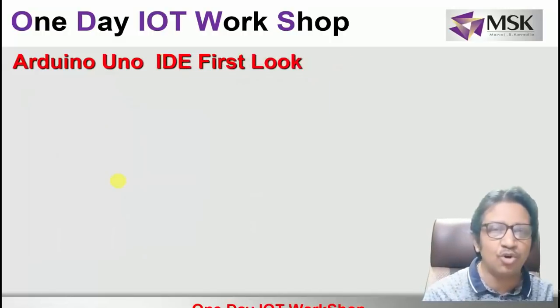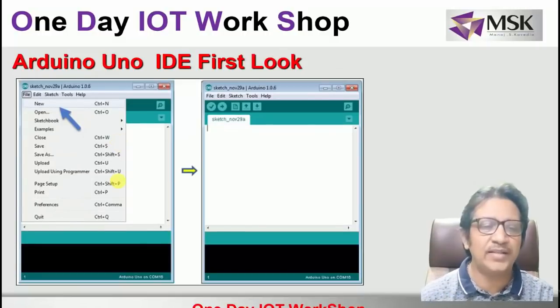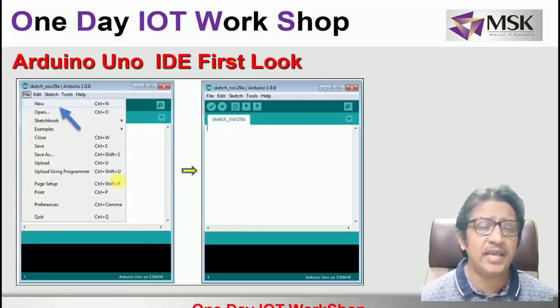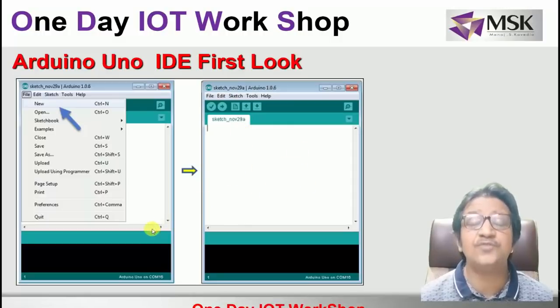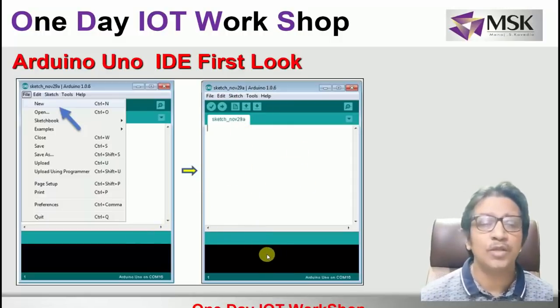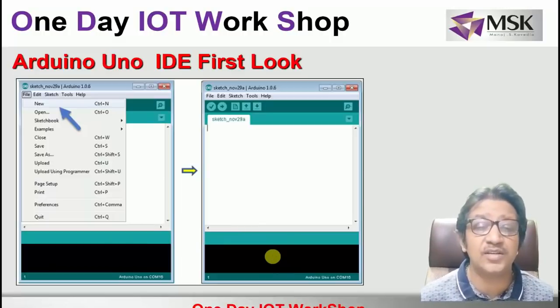So this is my first look at the Arduino IDE. So friends, in this Arduino IDE, at the top, I have what is called the title bar. Then there is a menu bar. There is a button bar. This is a programming area. This is something for the status, and this is for error messages. So these are the different sections. What are the different sections?